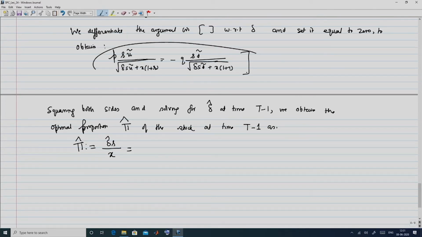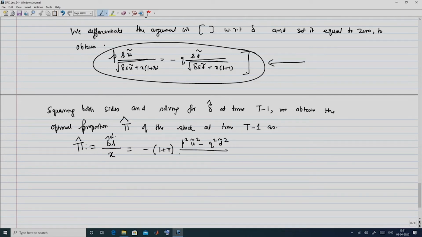And so, the solution of delta hat that you obtain after squaring this relation, if I replace that here, then I obtain a relation after some algebra to be minus of 1 plus r times p square u tilde square minus q square d tilde square divided by p square u tilde square d tilde minus q square d tilde square u tilde.